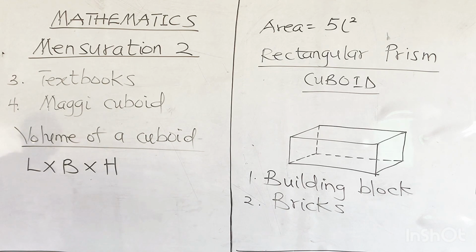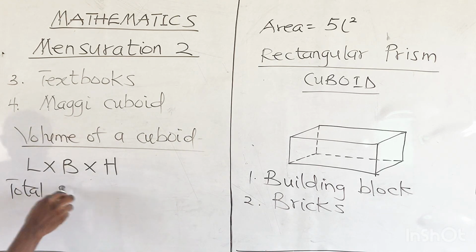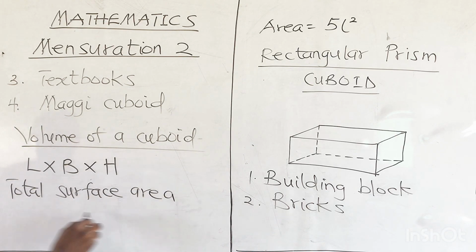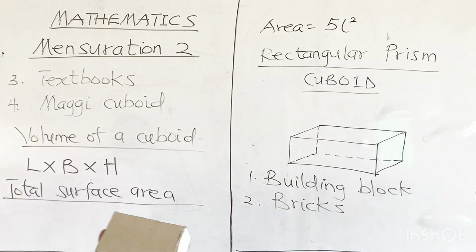Now let's look at the total surface area of a cuboid. Now let me use the artifact to make it very simple.